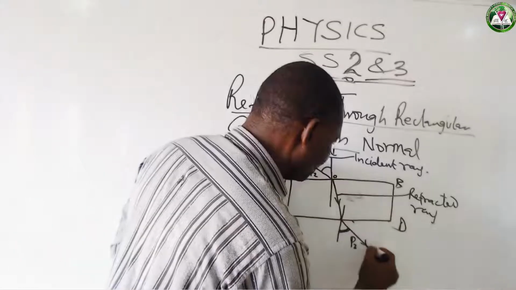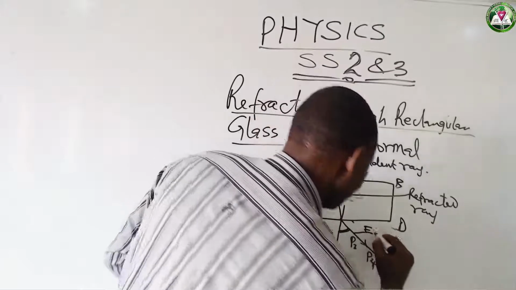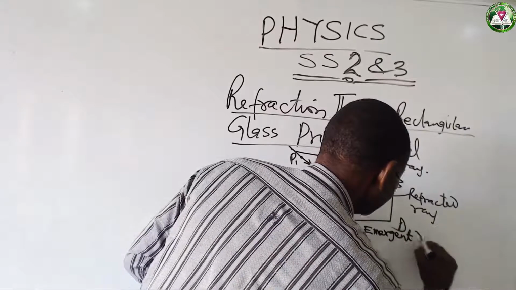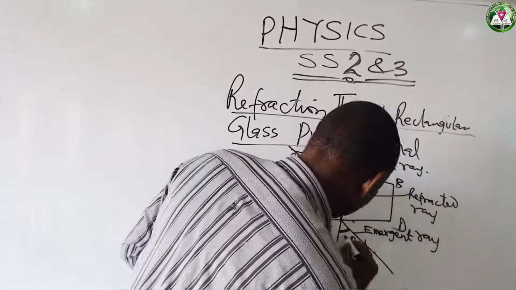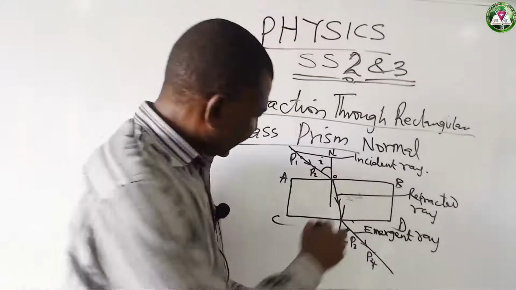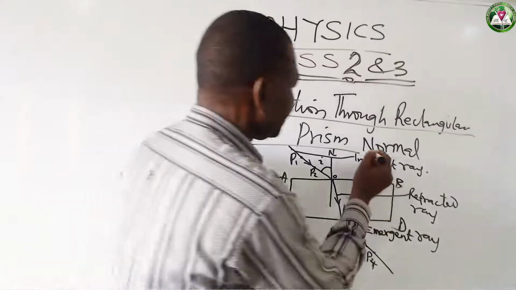This ray is what we call the emergent ray. This is the emergent ray, while this angle is referred to as the emergent angle. Still, this straight line is your normal.